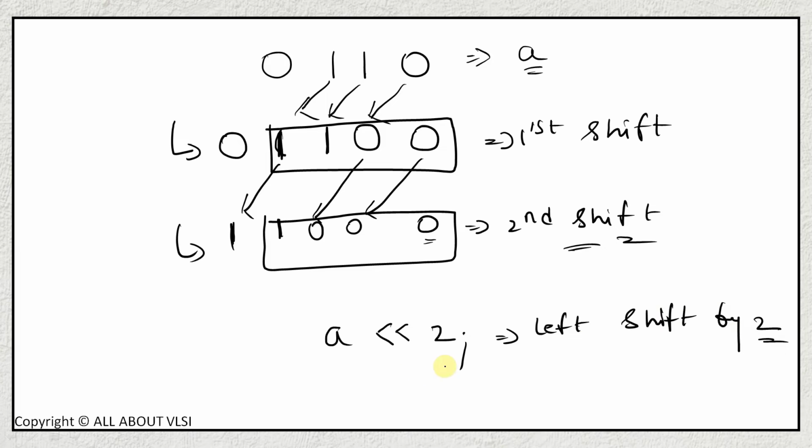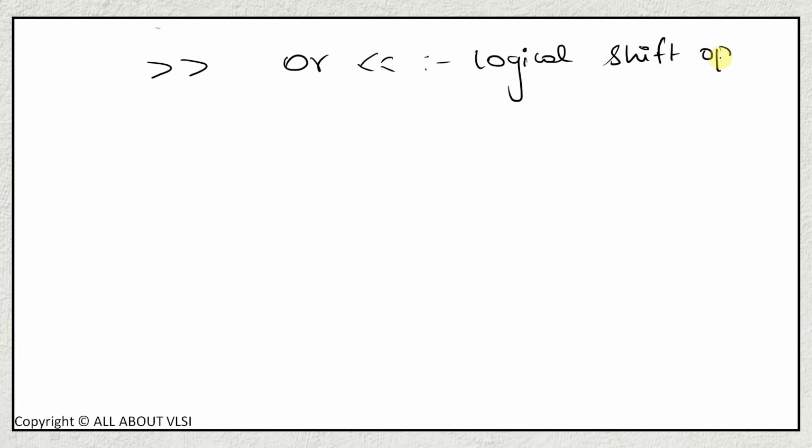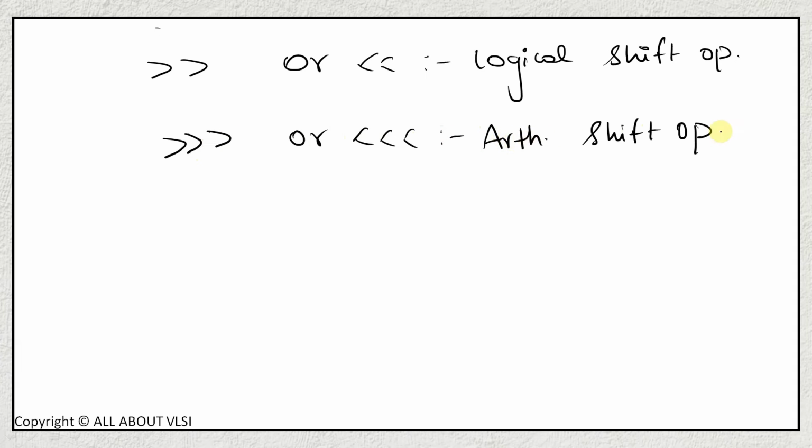If you are performing the left shift only once, you write a << 1. This is the normal logical shift operation. So these two symbols are for logical shift operations, and if you have these other symbols, these are arithmetic shift operations. This is the difference between arithmetic shift and logical shift. We will discuss the exact difference.